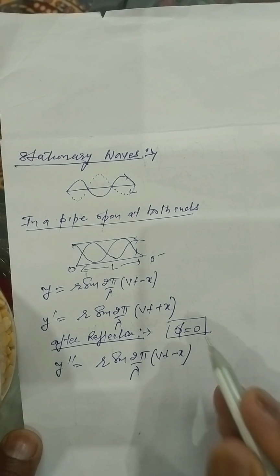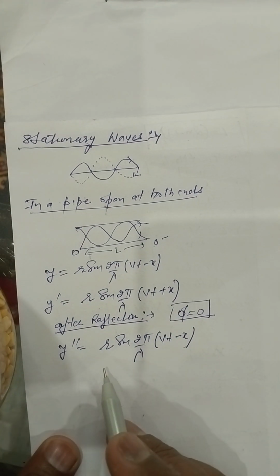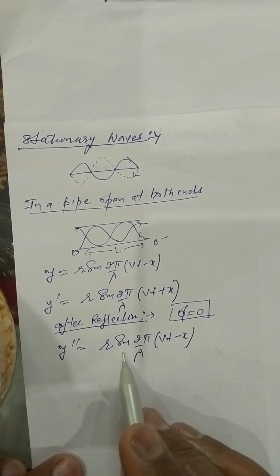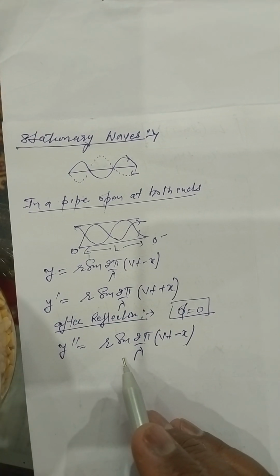So this is the equation of the wave moving from right to left after reflection.